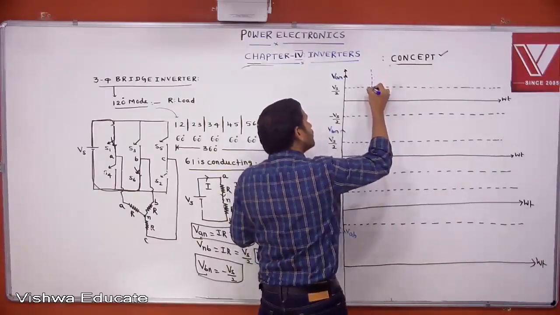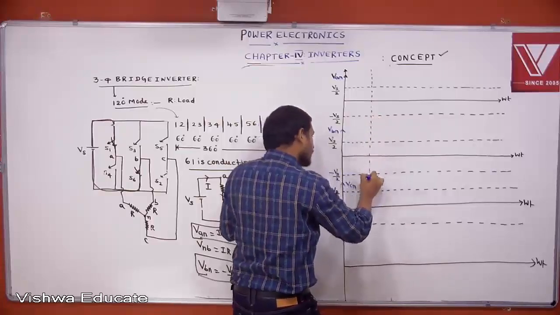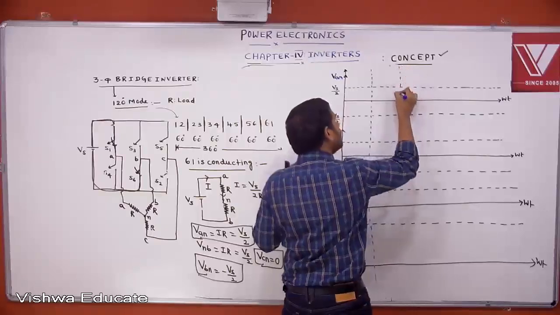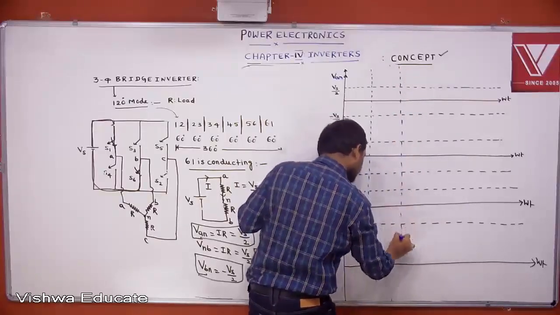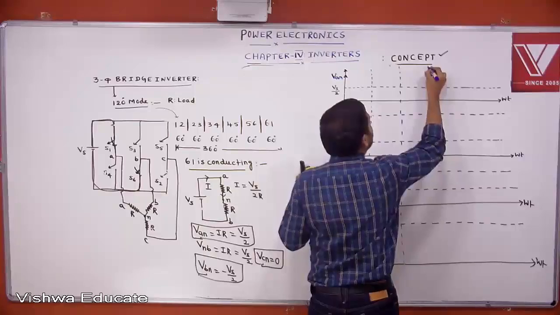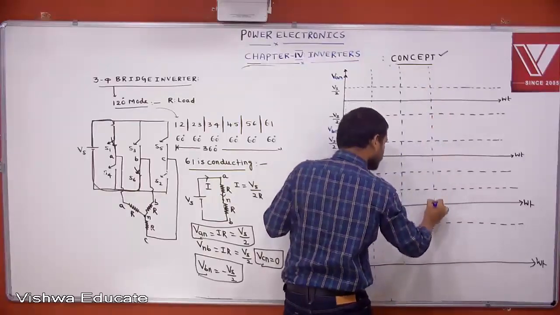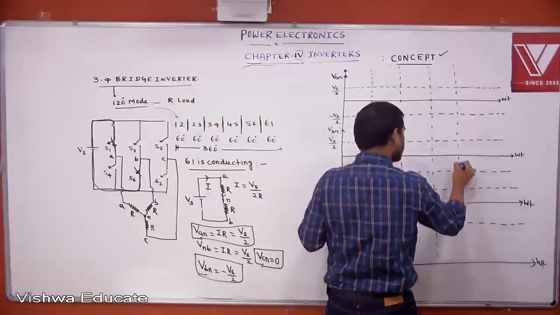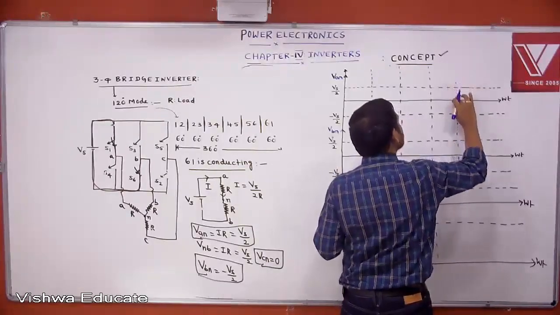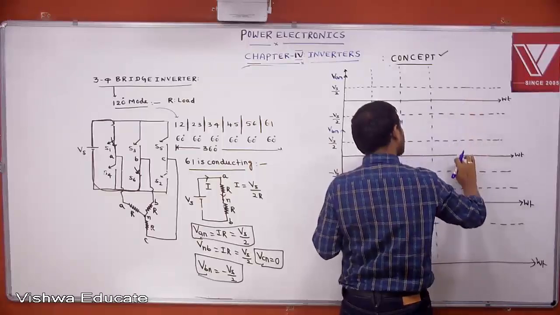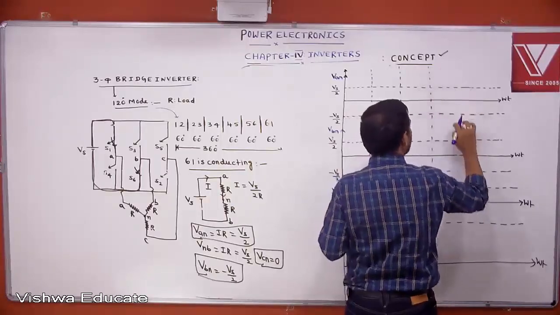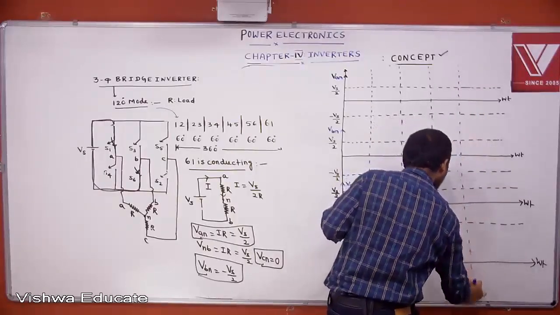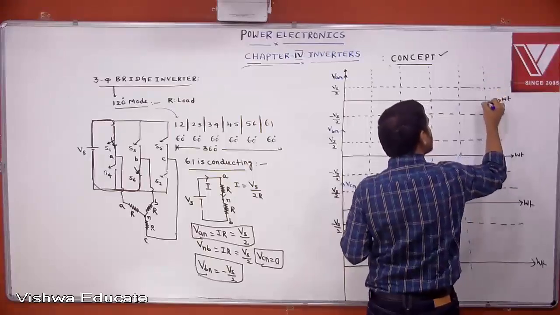Okay. This is 6-1 is conducting. 1-2 is conducting. 2-3 is conducting. 3-4 is conducting. 4-5 and 5-6.